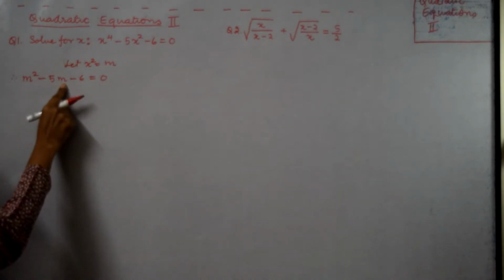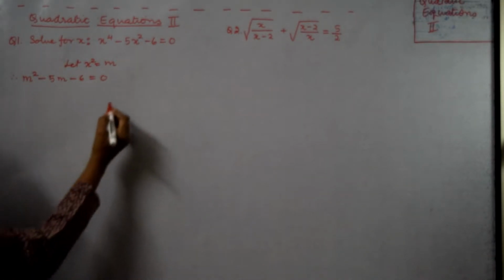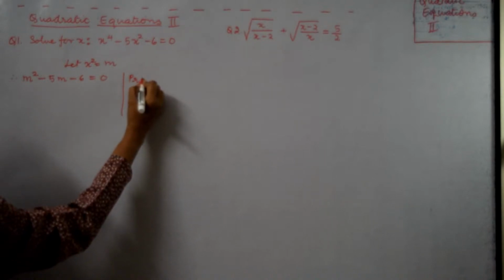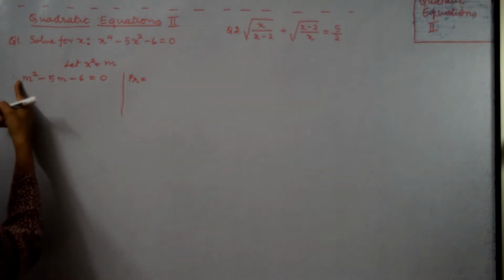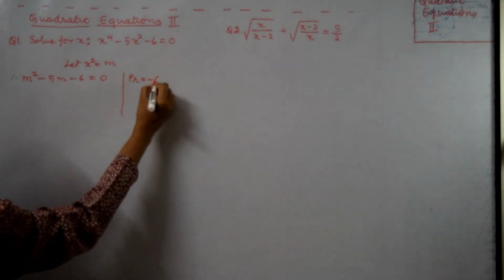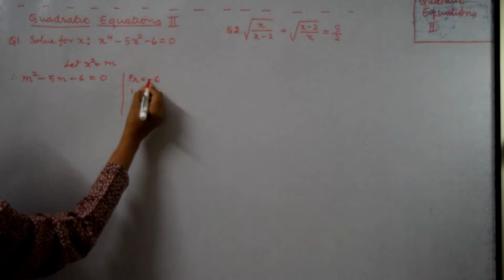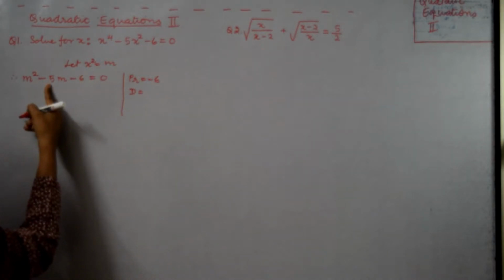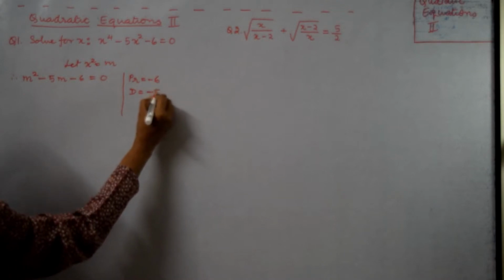Now we have one variable and the maximum power is 2. Once we have done this, we can solve this as a normal quadratic equation. The product will be the coefficient of m squared multiplied by this, that is minus 6. And because the product is minus, you will get a difference, which is the coefficient of m, which is minus 5.